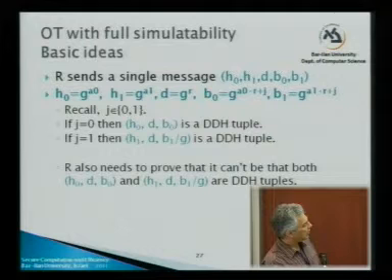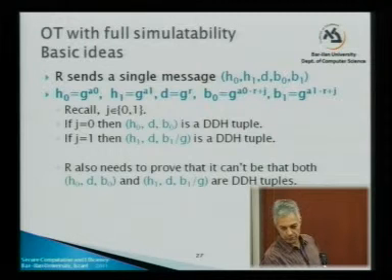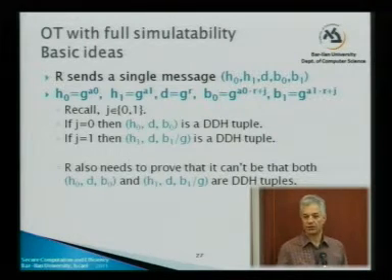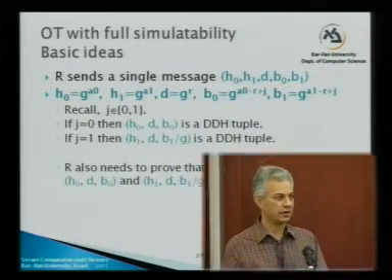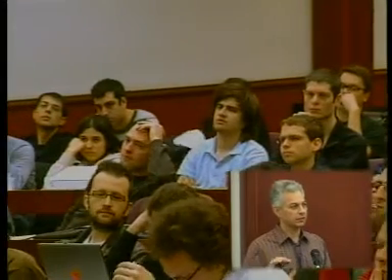Because if j is 1, B1 is g to the a1 times r plus 1. And if we divide it by g, we get g to the a1 times r. Okay? We see that we get two different DDH tuples, so we'll be able to somehow use each one of them to encrypt a different message.